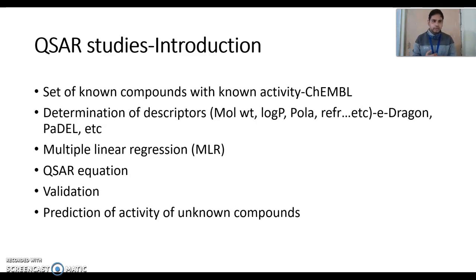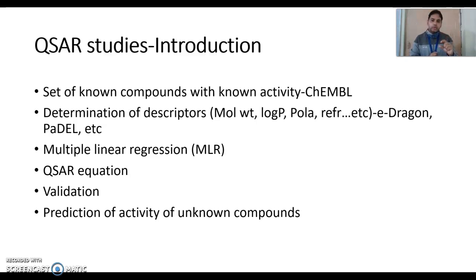How to validate the equation? Suppose you have generated an equation to check the activity of compounds against acetylcholinesterase. You have extracted, suppose, 30 compounds from ChEMBL, that are known compounds with known biological activity. So keep 1 or 2 molecules for testing purposes.